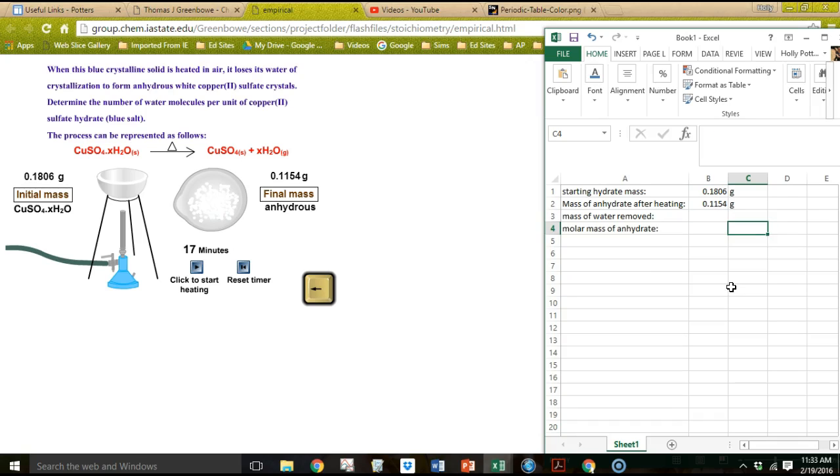Okay, and so the mass of water removed, well, that's obviously going to be the difference between the two. So I'm going to do the mass of the original hydrate minus what's left over. So that difference has to be the mass of water that left.